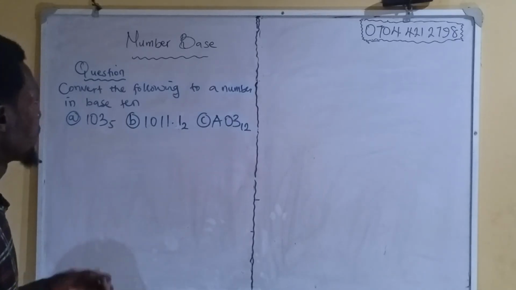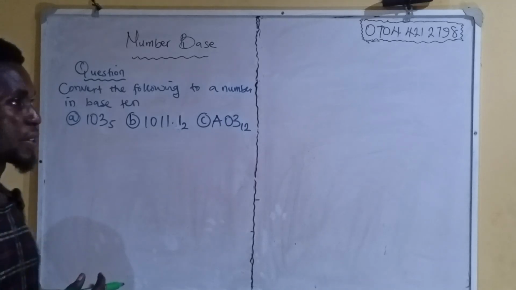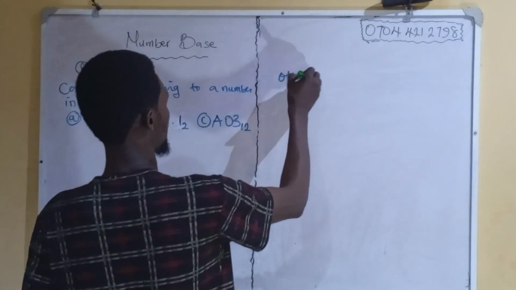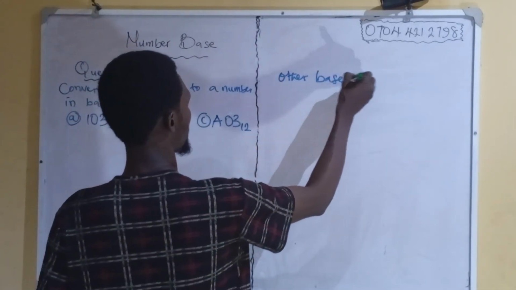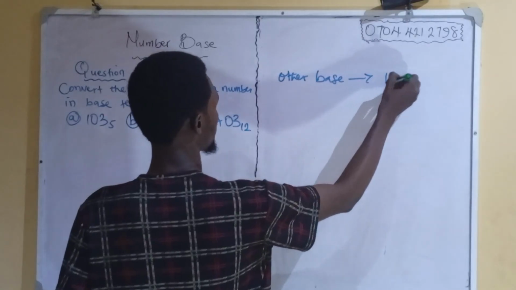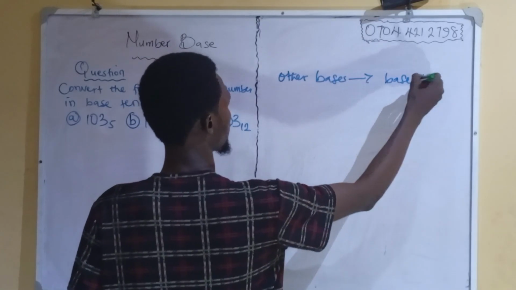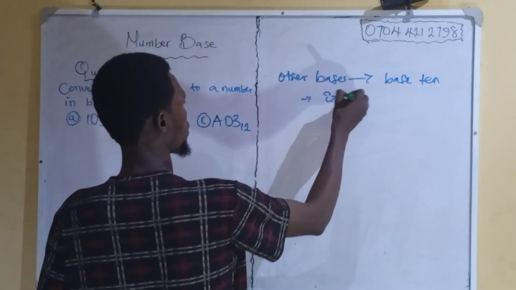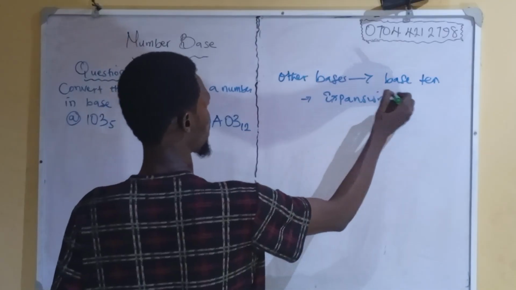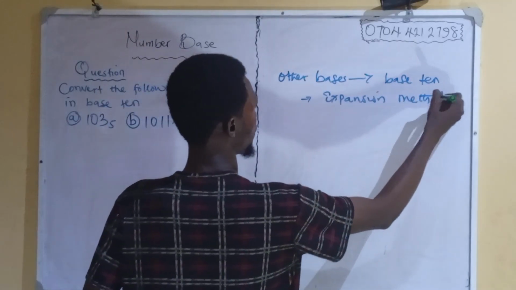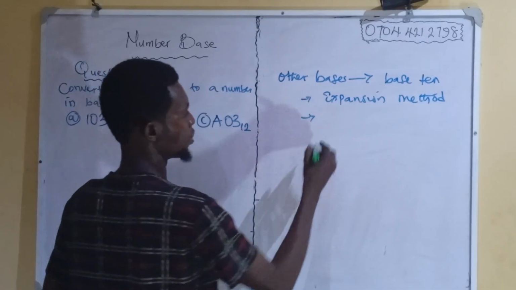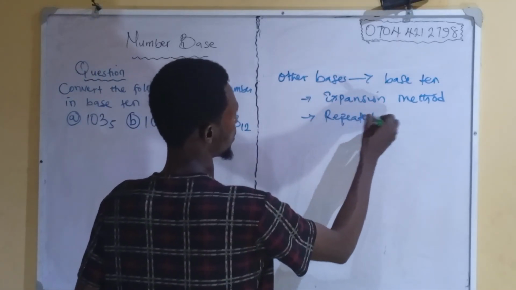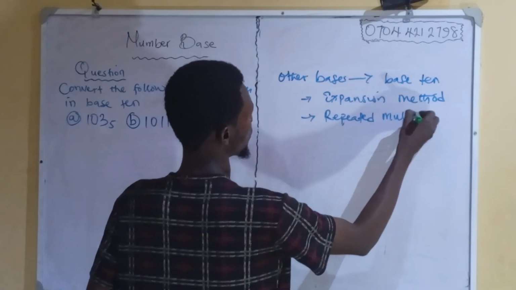Now, whenever we are asked to convert numbers in other bases to base 10, we either use the expansion method or the repeated multiplication method.